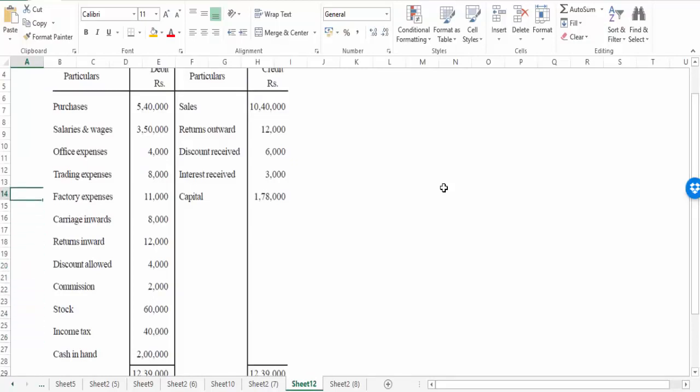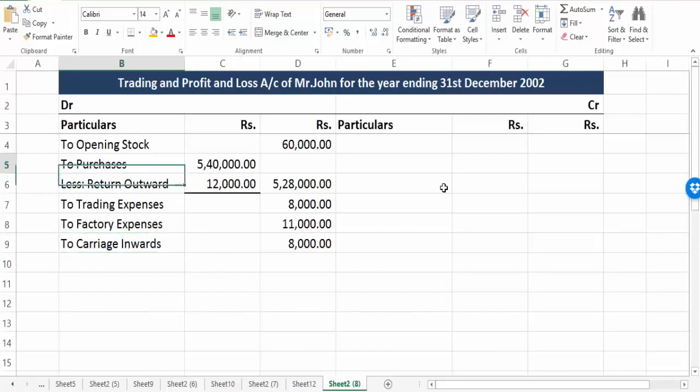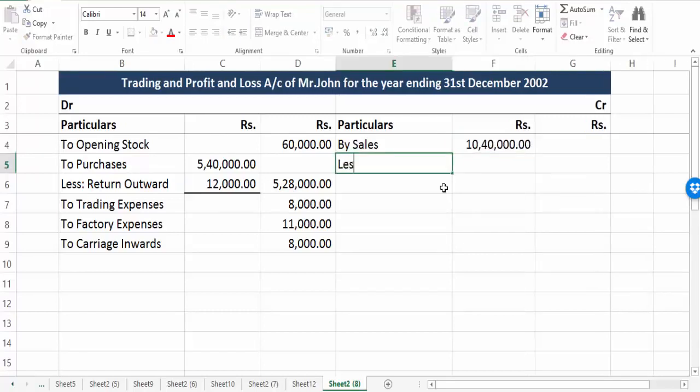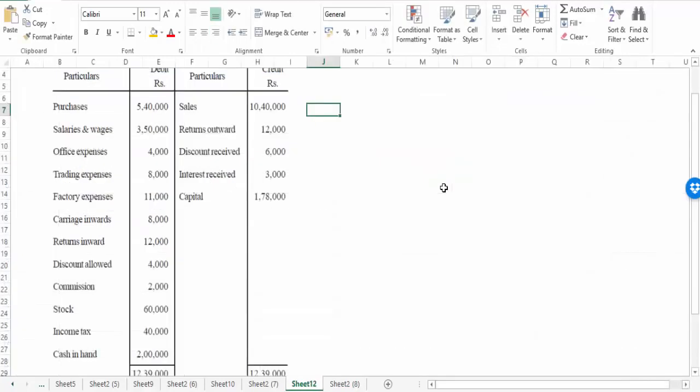So going to credit side, we have sales of 10,40,000. Let's capture by sales, which is 10,40,000 less return inwards. Return inwards we have here 12,000, right?